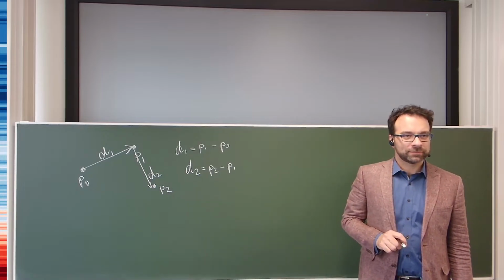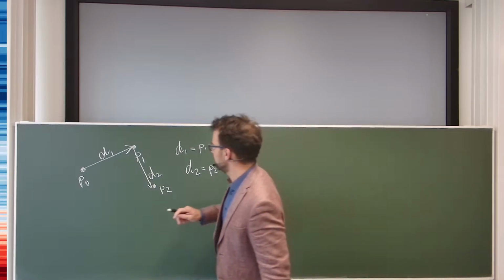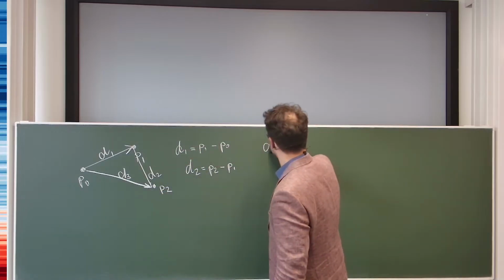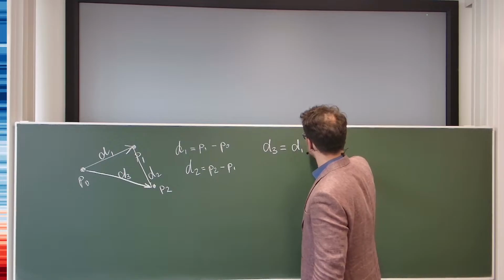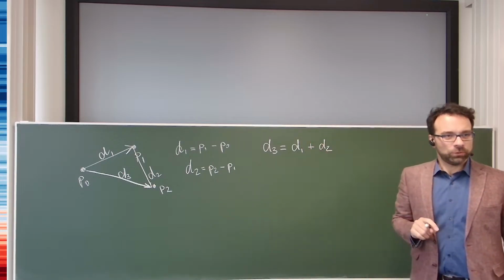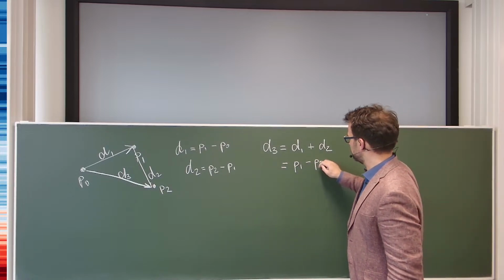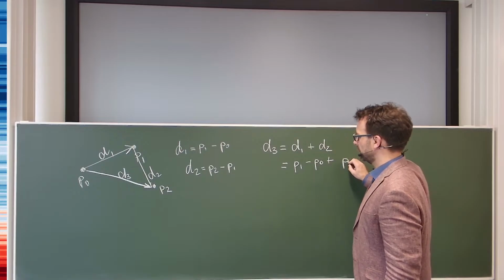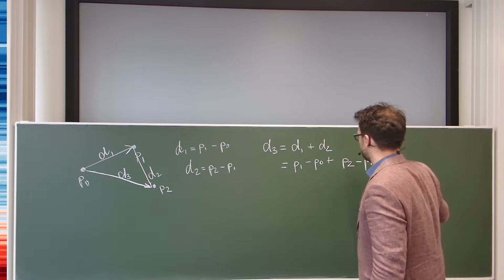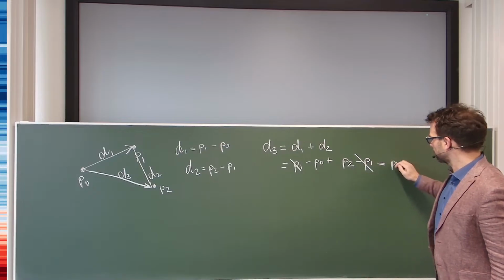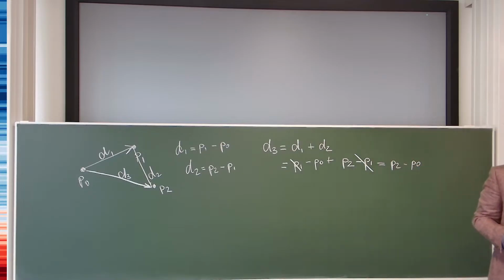Okay? And then I can think of a D3 as D1 plus D2, which is P1 minus P0 plus P2 minus P1, which is the same as P2 minus P0, apparently, because I drew the arrow from P0 to P2.